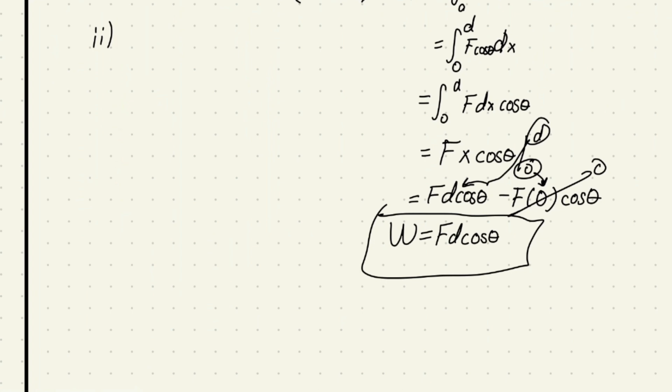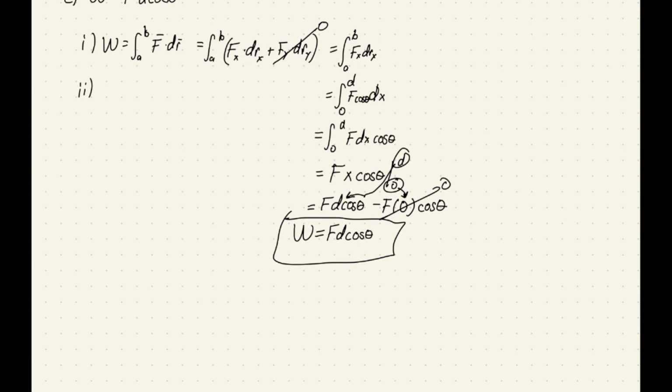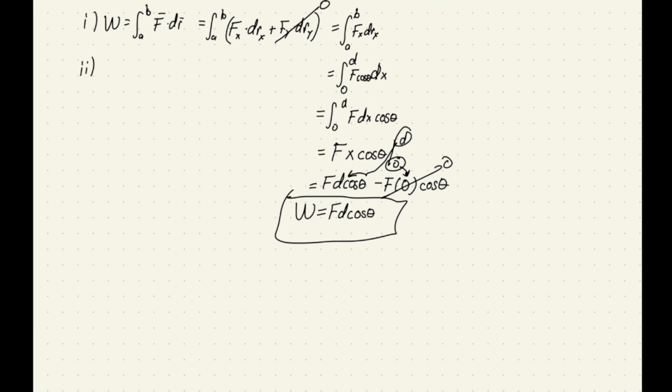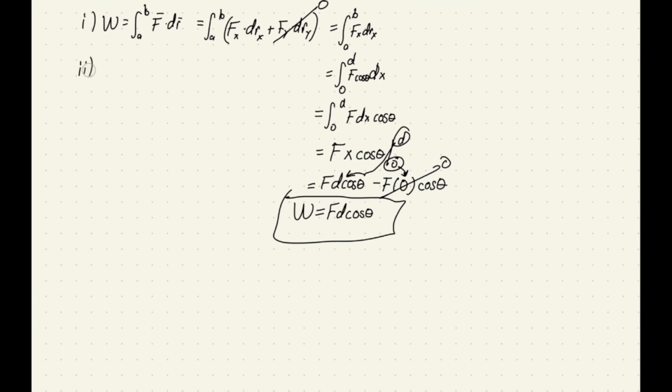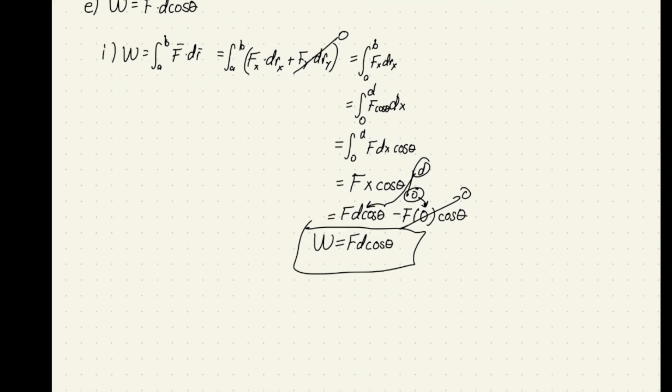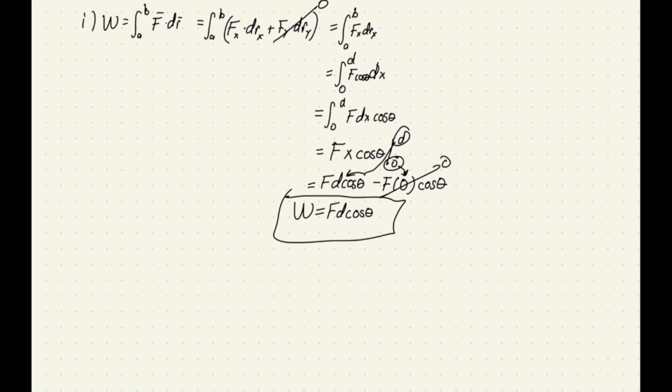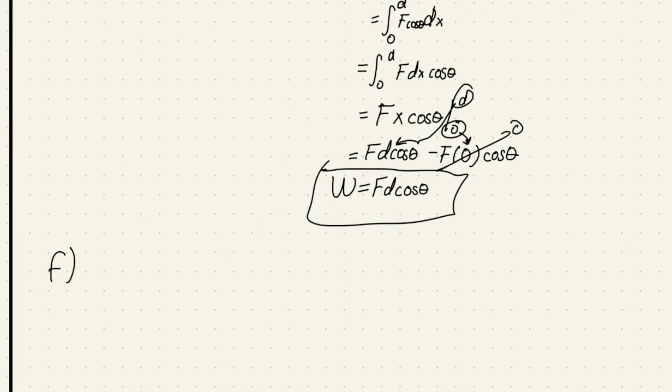So, work is equal to F d cosine theta. If we look at that, then we can think about maybe the units of our work. The units of work, well, we can think about F d cosine theta. So we know the units of F, that's going to be a force, so its units are newtons.